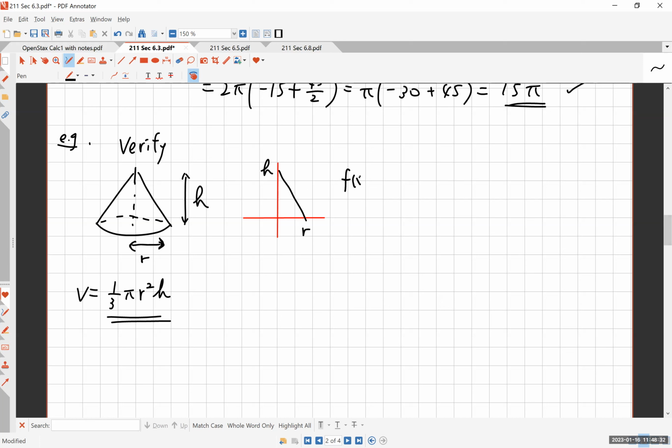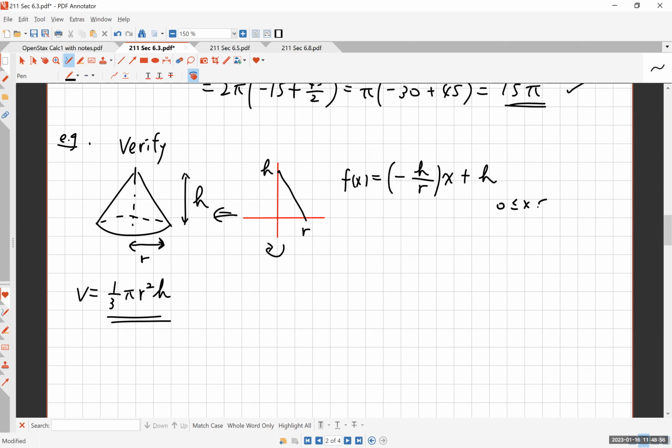So the function that you have to define is, what's that? The slope has to be negative h over r. And then the y-intercept has to be h, right? This is the function you have to revolve about the y-axis to obtain this circular cone, right?